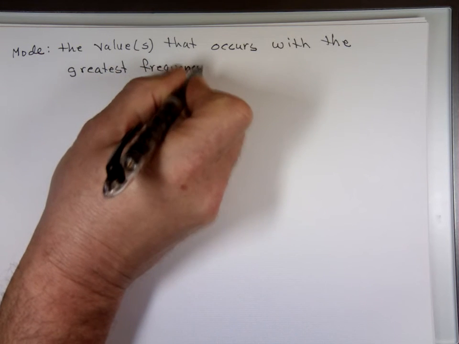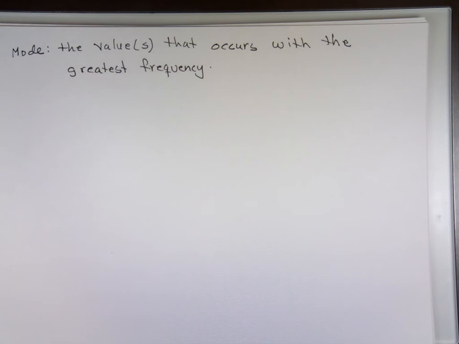Another way of saying it, which value, or values, showed up more often than the rest of them?